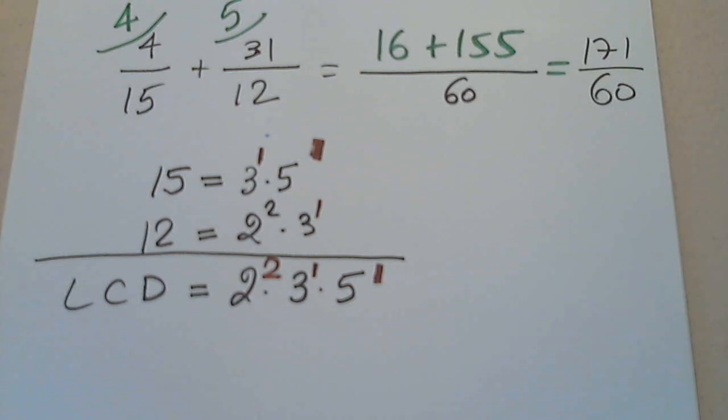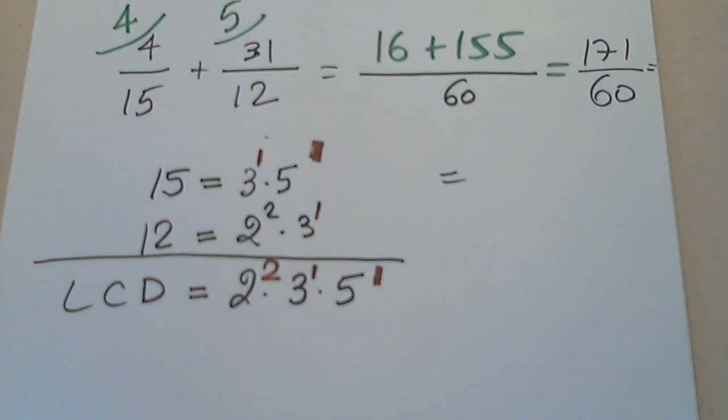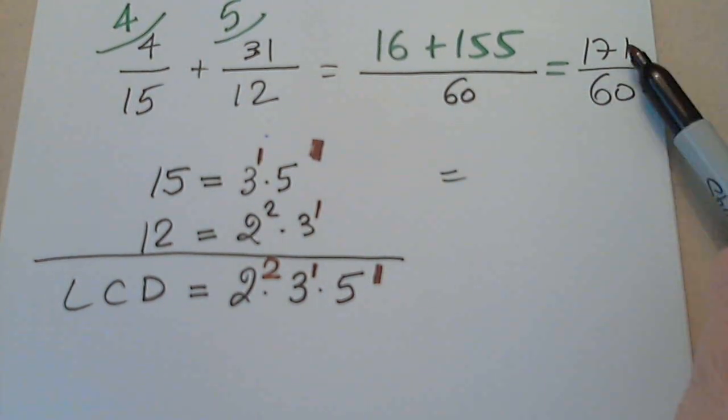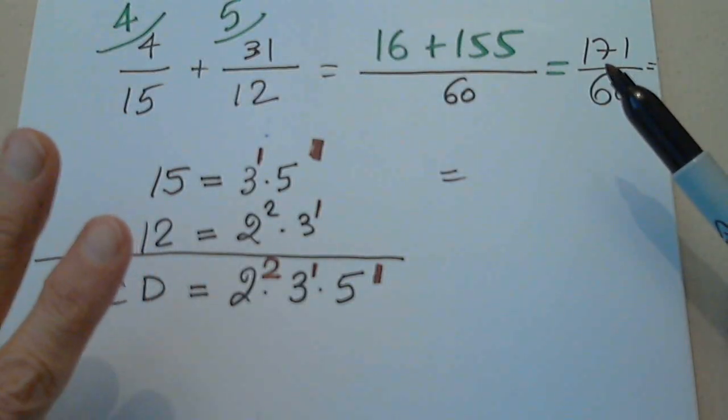Now, I cannot leave it as is before I'm sure that it's in lowest terms. And maybe I have to take out the integers and change it into a mixed number. Notice that this is not an even number, so I have to continue with divisibility by 3.